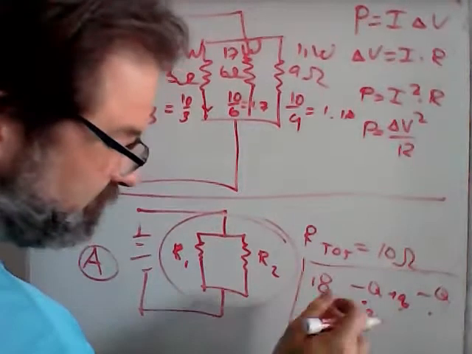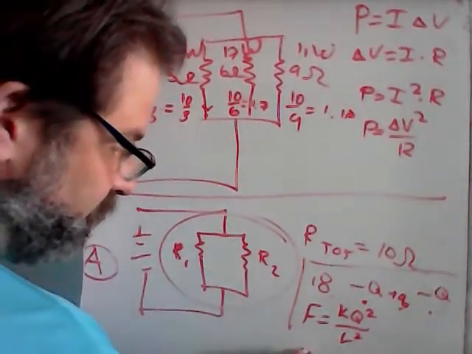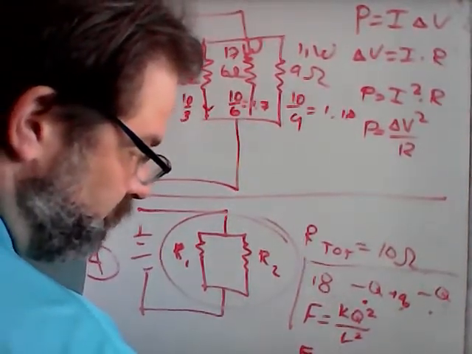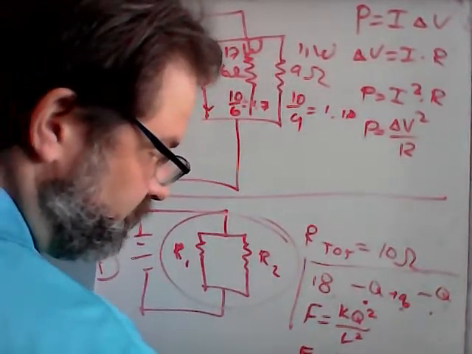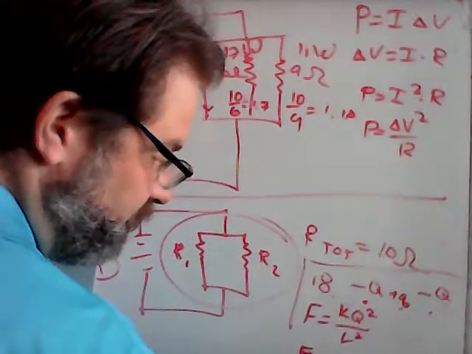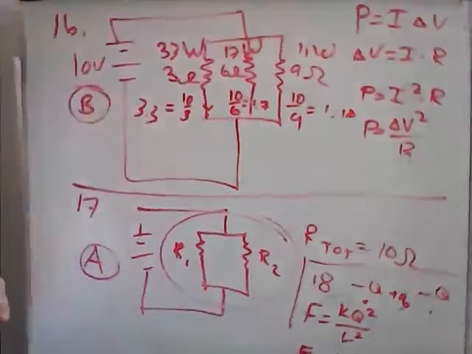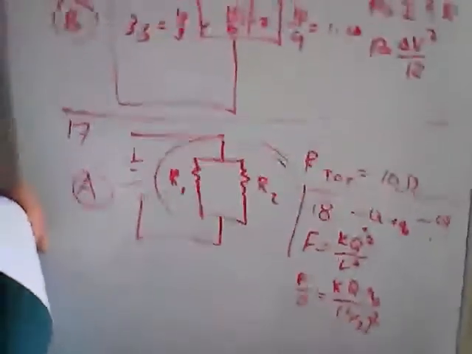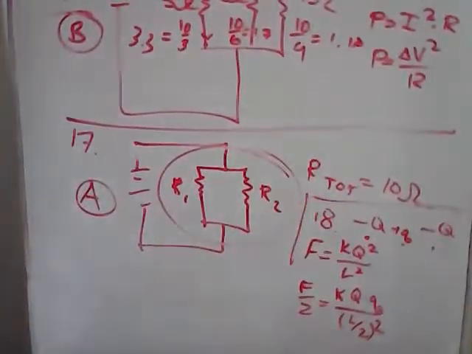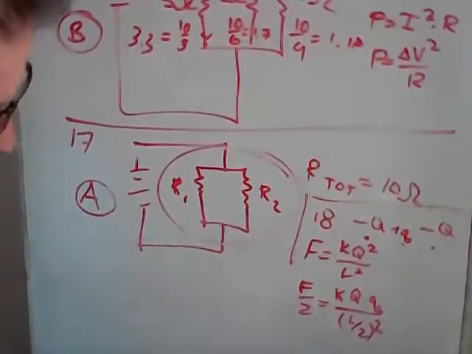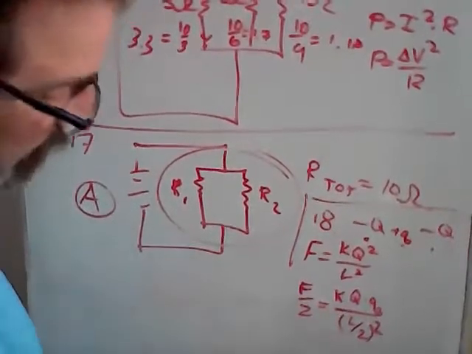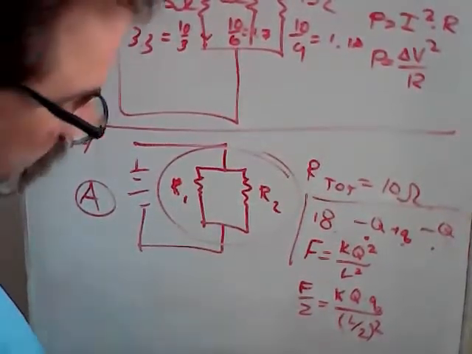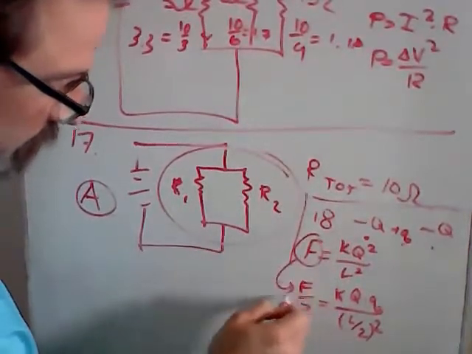Okay, which means that F over 2 is equal to KQ times little q over L divided by 2 squared. So those two things are true. And we can just take F and plug it in there.